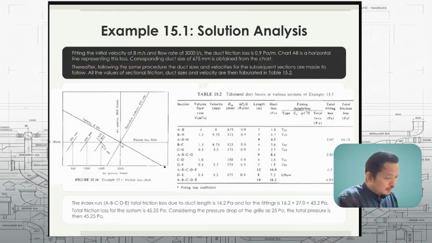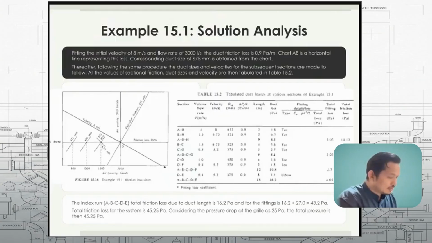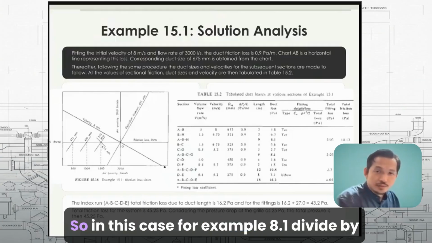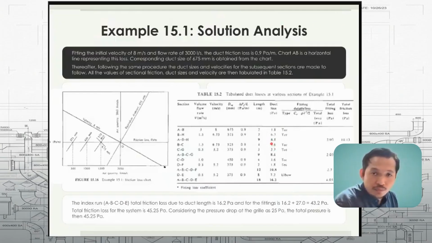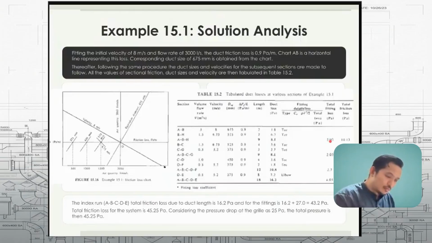Okay. The fitting loss is 1/4 of the total loss. No, it's not the total. Yeah, from the total exit loss. So in this case, for example, 8.1 divided by 4. So it should be 2.25, this one. Where is it? 2.03.